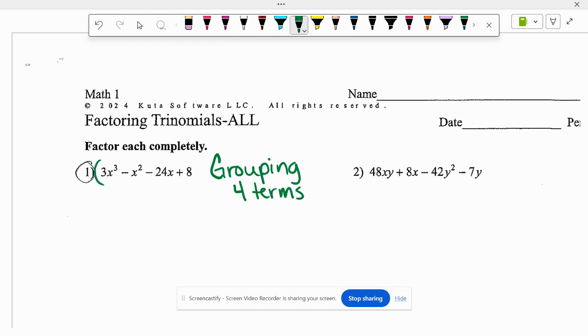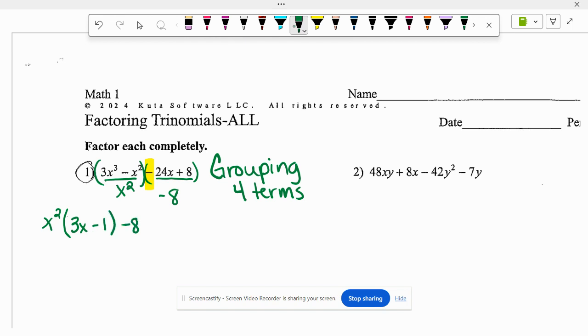So the first thing I'm going to do is group this and look for the greatest common factor. The greatest common factor of my first binomial is x squared. The greatest common factor of my second binomial is 8. Remember, my leading coefficient is negative, so I want to take out a negative 8. So when I take the x squared out, I have x squared times, let's see, 3x cubed divided by x squared is 3x, and negative x squared divided by x squared is negative 1.